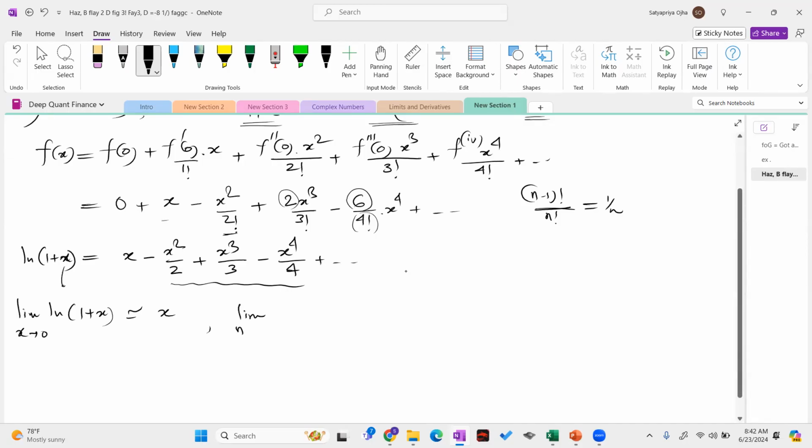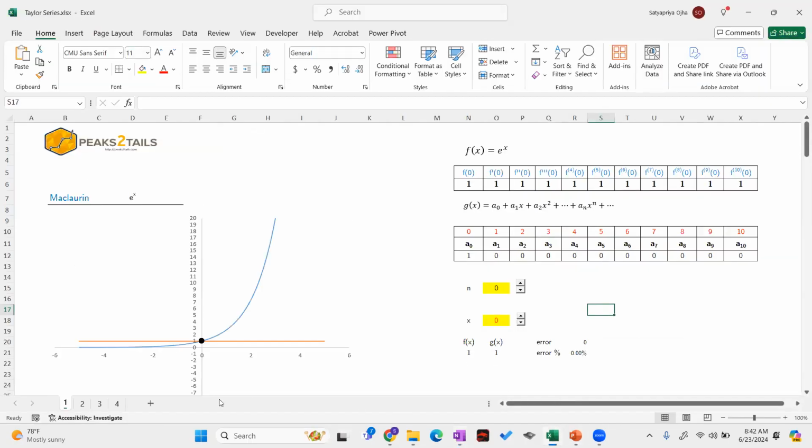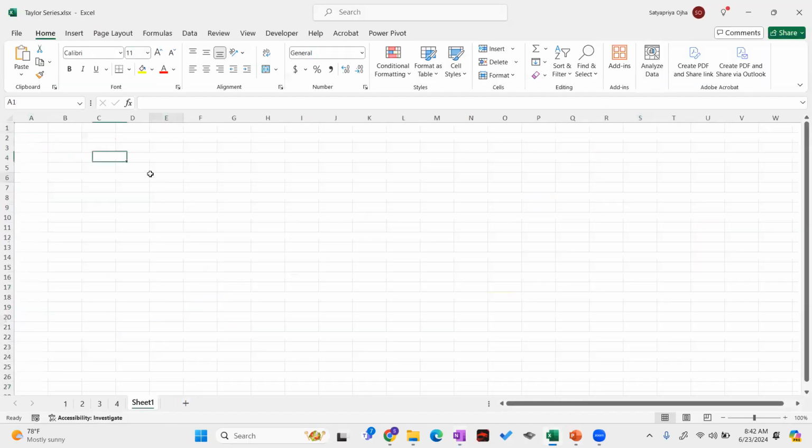Limit, if you take a very small value of x, then log 1 plus x will be same as x. Okay, we can probably quickly just verify that. So this is x, this is log 1 plus x.